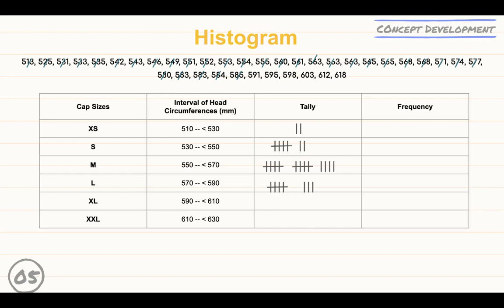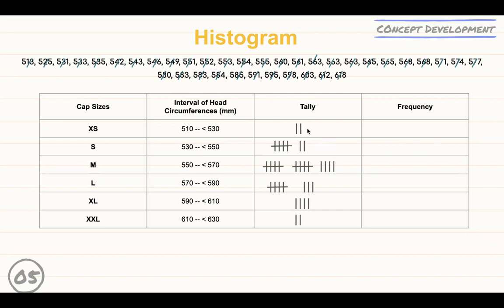Now we move on to extra large, 591, 595, 598, and 603. The next value definitely goes over 610, so we're moving on to extra, extra large, 612 and 618.